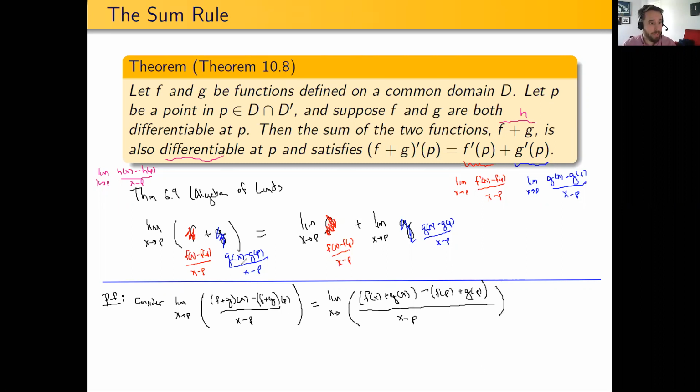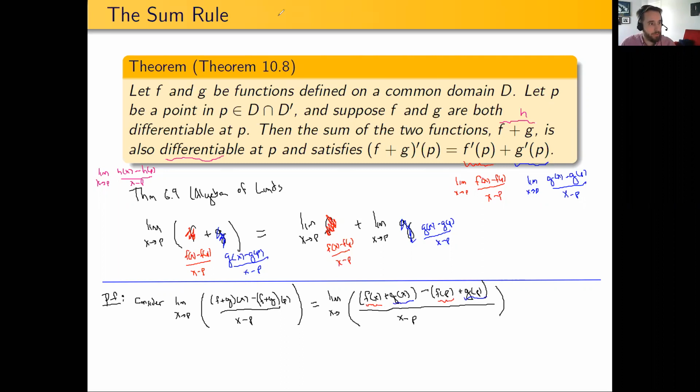But now we want to rewrite this in a clever way. And specifically, we are going to group things in what is currently under a common denominator. We're going to split that into two fractions, specifically, as you might expect, with our f's taken together and our g's taken together.